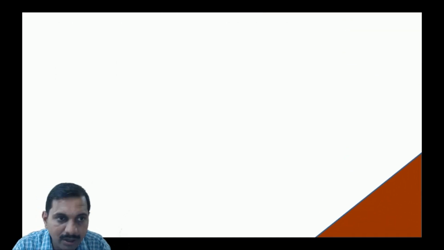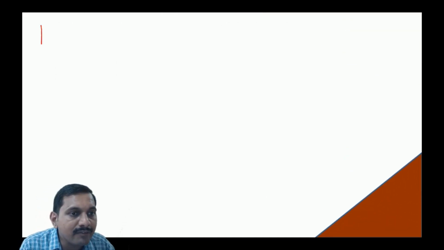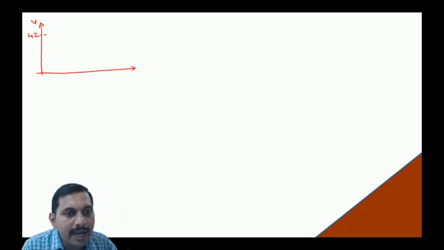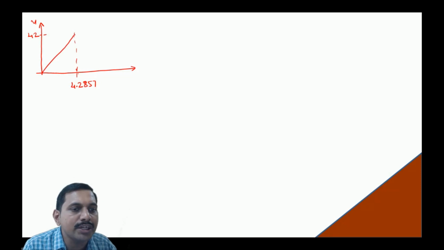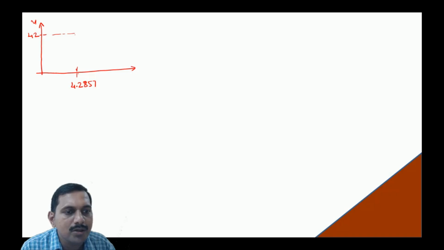So what we have got till here, we have seen that the velocity versus time graph, you will have 42, and then here you have 4.2857, right? And then it goes over here and it joins using a straight line, right? It's a straight line joining there, okay?